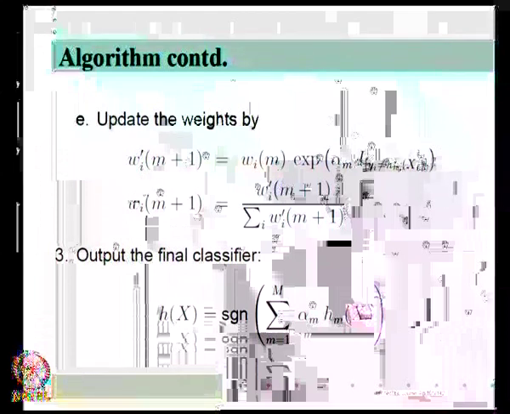So Wi' m+1 will be greater than Wim if yi is not equal to hm(xi), meaning the ith sample is misclassified. If the ith sample is correctly classified, then Wi' m+1 is equal to Wim. Otherwise, Wi' m+1 is greater than Wim, and because the normalization does not change the relative values, if the ith sample is misclassified, then Wi m+1 is greater than Wim.